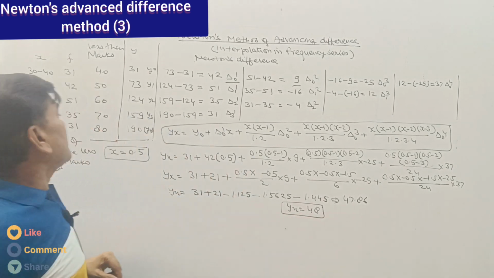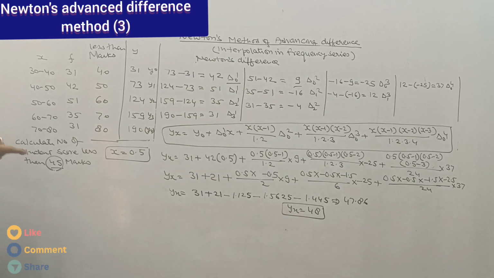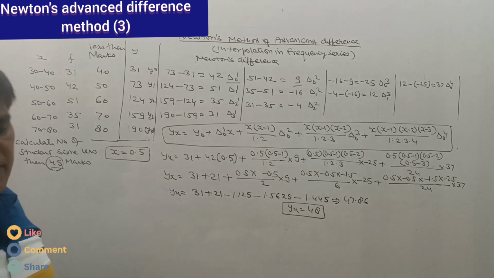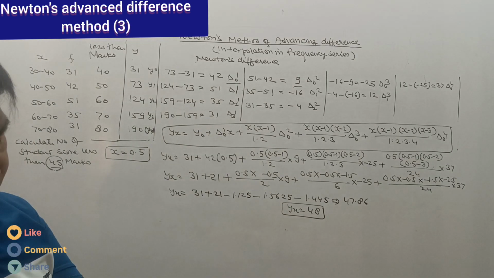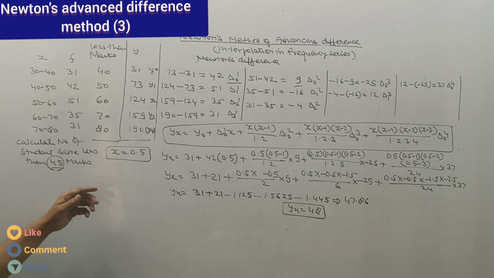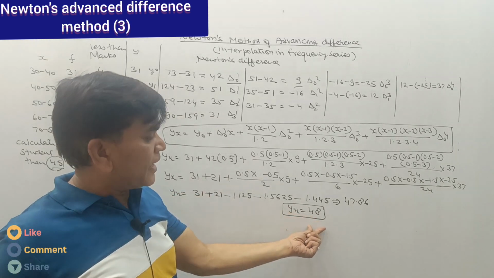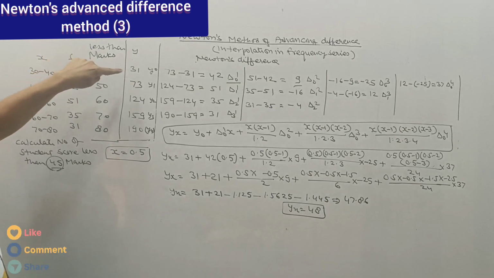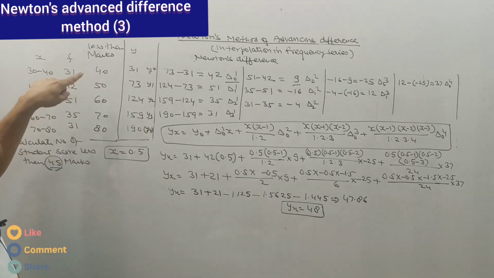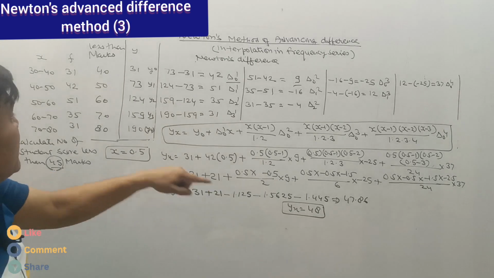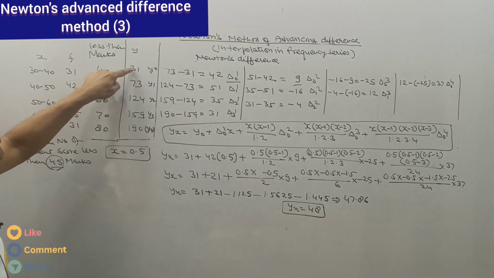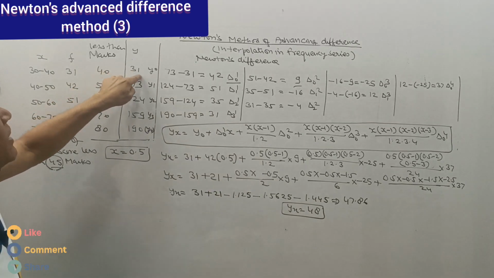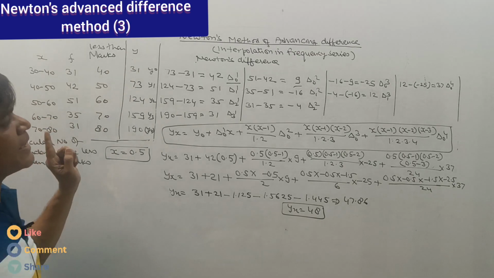So in this manner, if we are to calculate less than 45 marks, the number of students will be 48. We know that less than 40 is 31, less than 45 is 48, less than 50 is 73. So this data lies between these, which shows that it's correct.